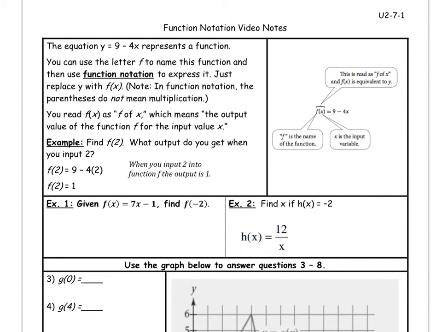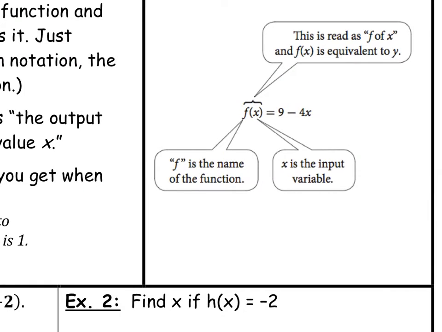So when we're using function notation, let's take a look at this diagram over here. In f of x, f is the name of the function, x is the input variable, and we read this as f of x. And f of x is the same thing as y.